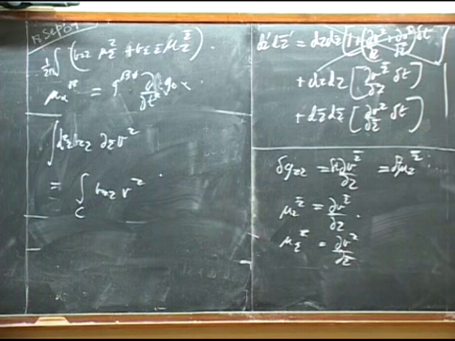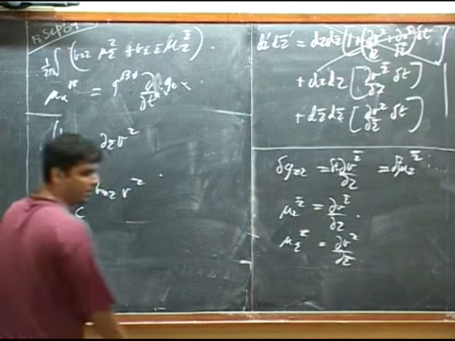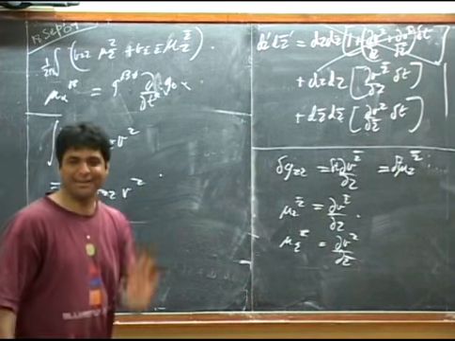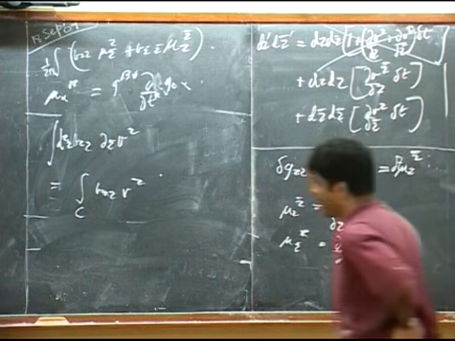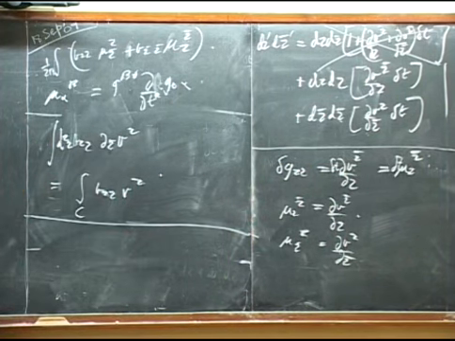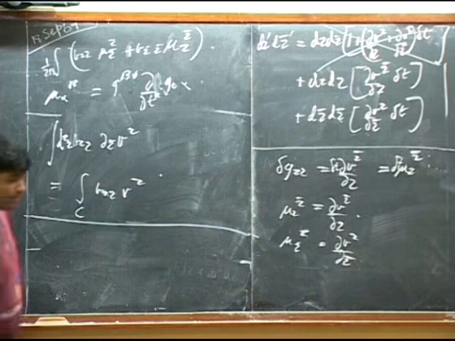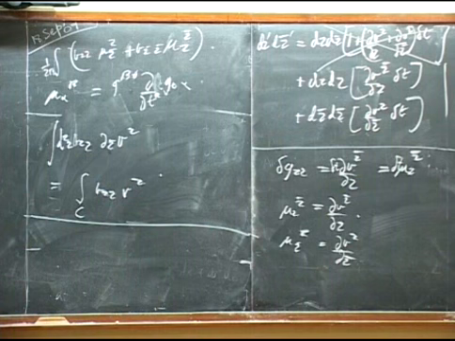Is this clear? Okay, maybe factors when you do it properly, 2 pi r and so on. Factors. Okay, excellent.